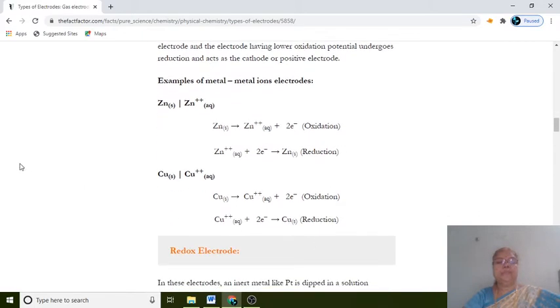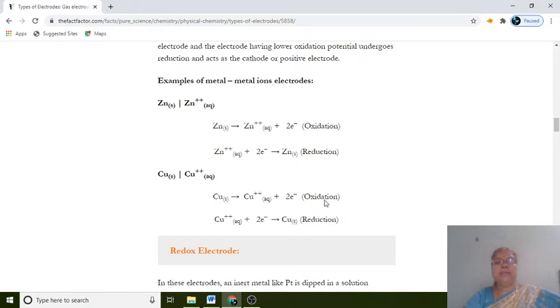Then the copper ion electrode is represented like this: Cu in brackets S, vertical line, Cu++ ions in aqueous medium. Here the oxidation reaction taking place at the copper electrode is written as Cu solid, that means the metal electrode, dissolves and gives Cu++ ions plus 2 electrons.